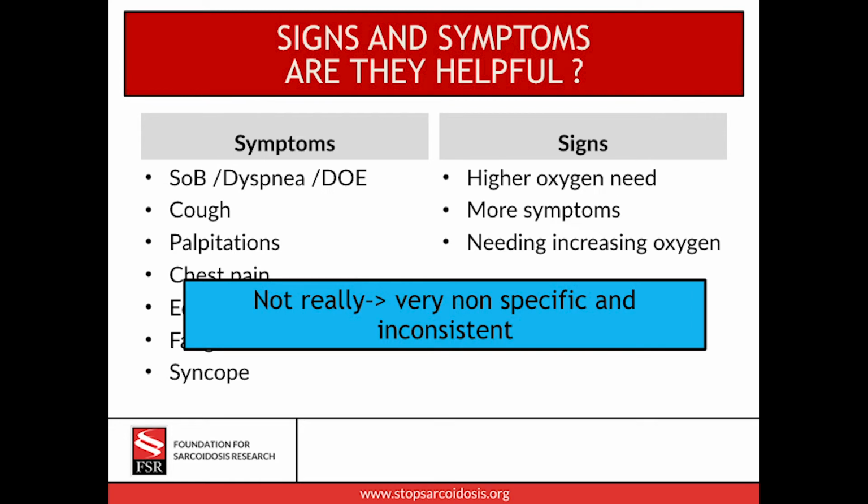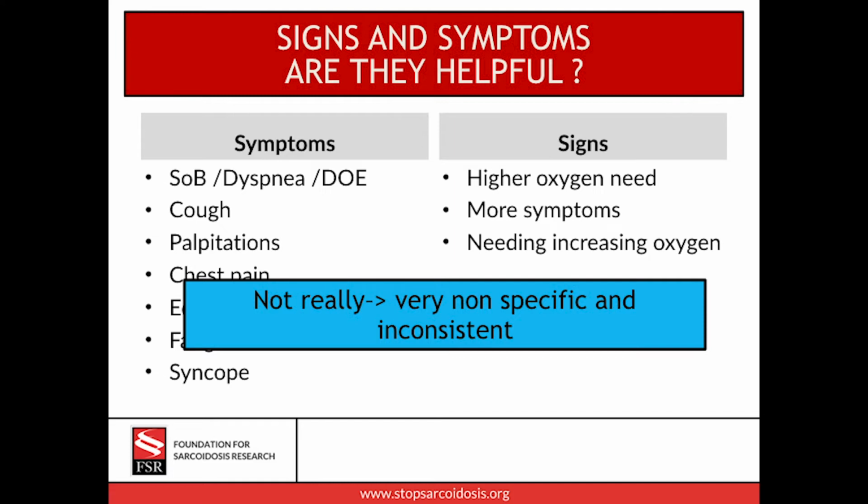Now, signs and symptoms. Dr. Robi just mentioned, and Ms. Kelly also mentioned, that we need more data to prove what symptoms are there for sarcoidosis. But the problem for sarcoidosis pulmonary hypertension is these are very non-specific, meaning they can be due to sarcoidosis, they can be due to lung involvement, they can be due to muscle involvement and everything.